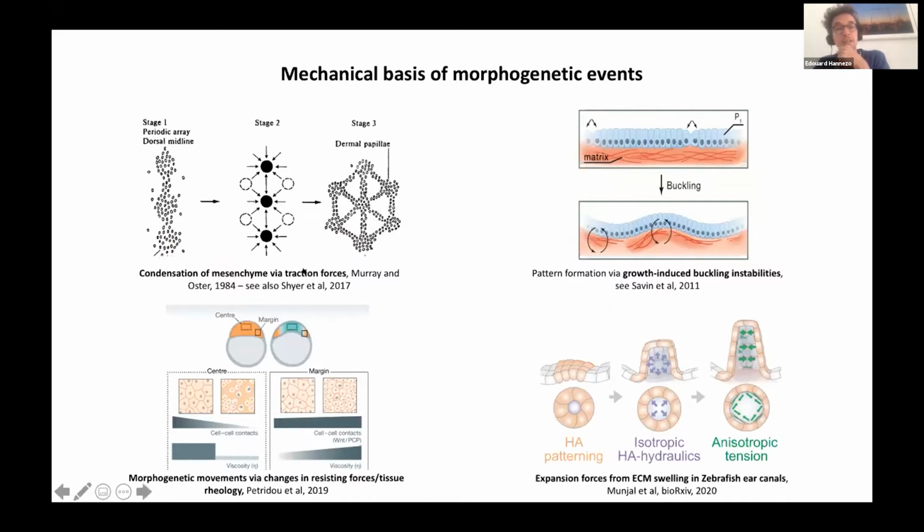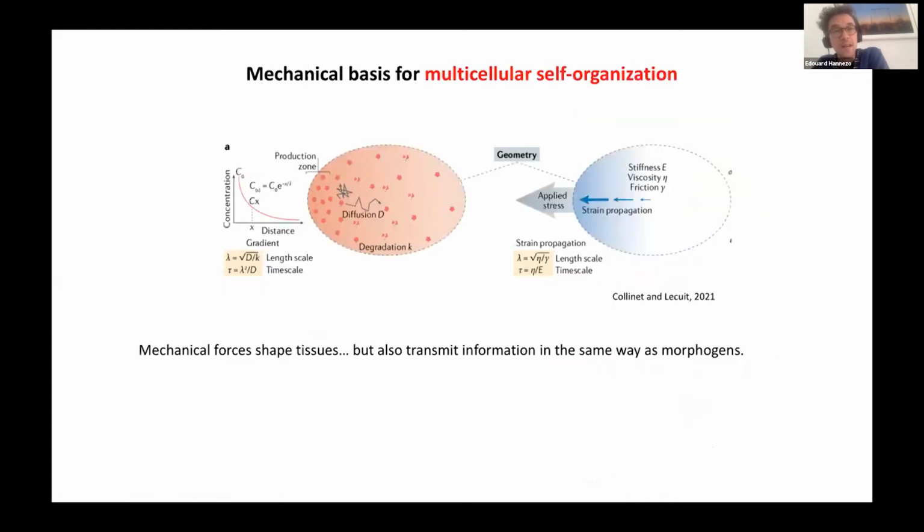For instance, the idea of active migration forces acting in the context of condensation of the mesenchyme, growth forces that can give rise to buckling instabilities, forces from ECM swelling that deform the monolayer, or the passive resisting forces of embryos that help to sculpt it.